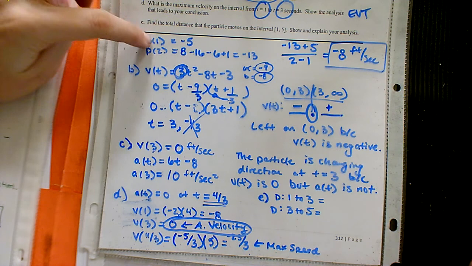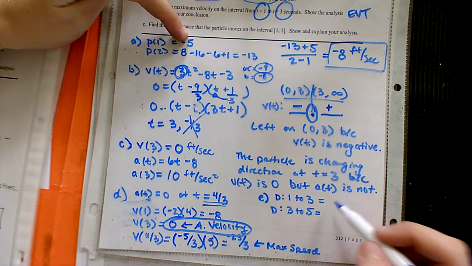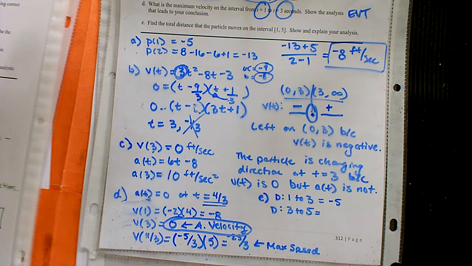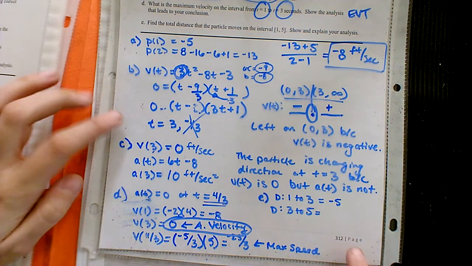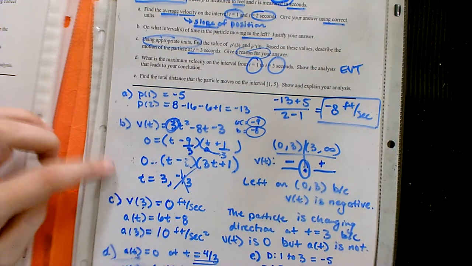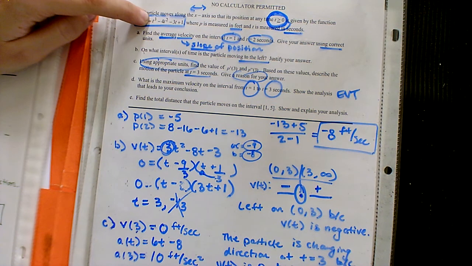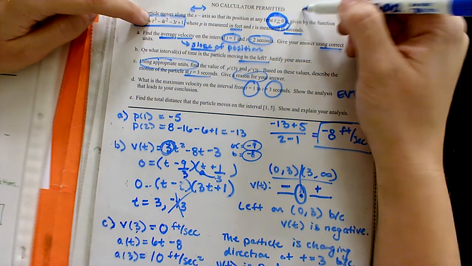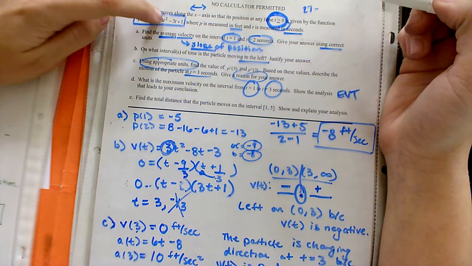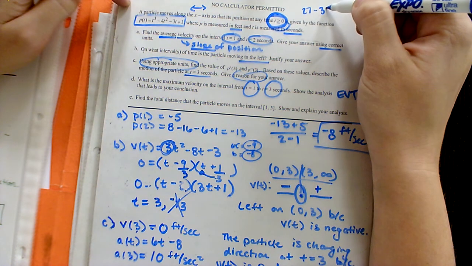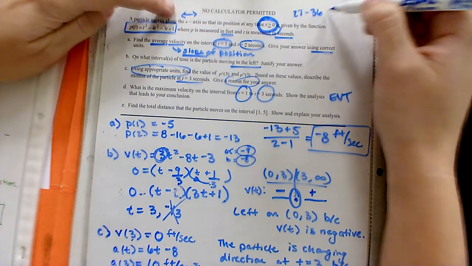So let's see, if we plug in 1, we already know we get negative 5. So we just have to figure out what happens if we plug in 3. All right, can we plug in 3 into our position function? 3 cubed, 27. 3 squared, 9 times 4, 36.